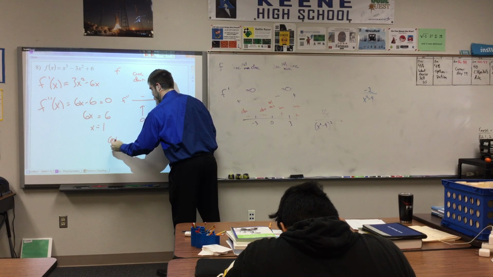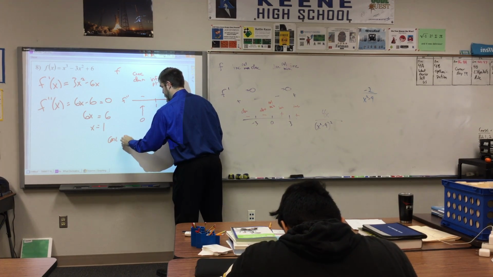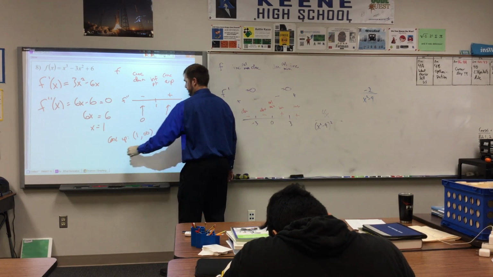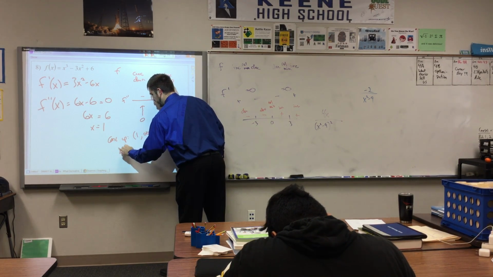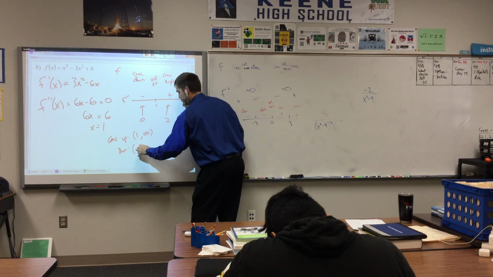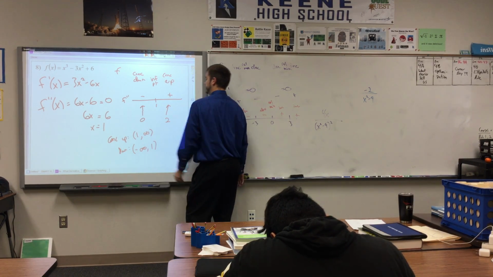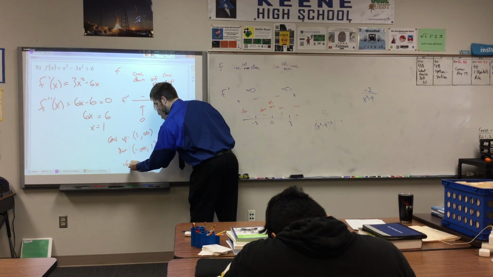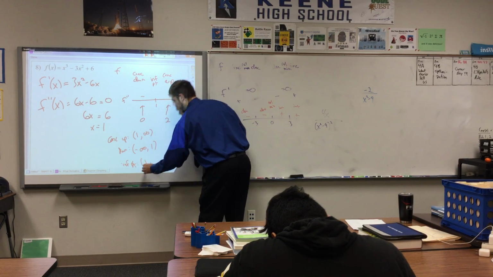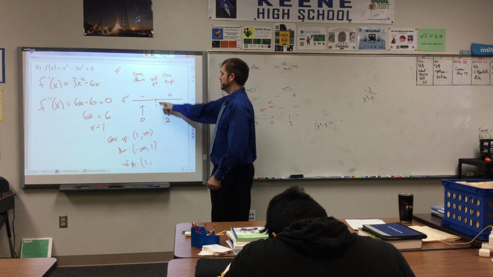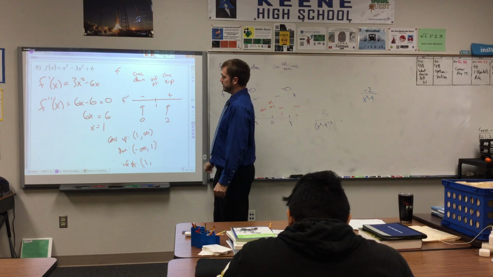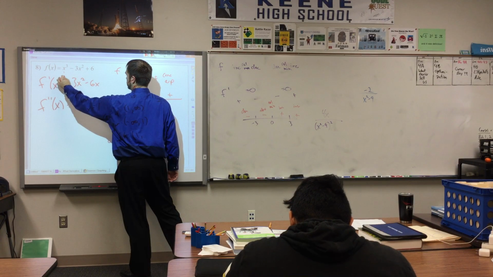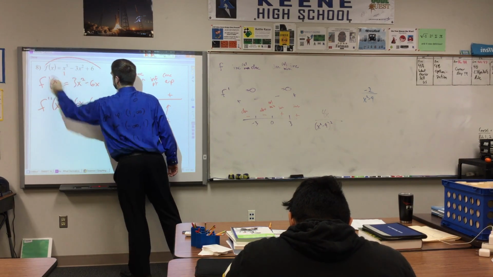So if we write our summary sentence here, it is concave up from 1 to infinity, concave down from negative infinity to 1, and there is an inflection point at 1, and they probably want us to give the coordinates, so I'll plug it in here. So I'm plugging into the original function here.